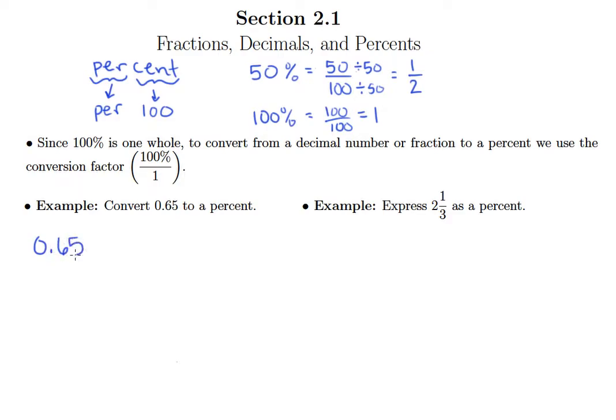So we're going to use a unit conversion factor here to convert 0.65 into a percent. The idea here is what we already saw up here, that 100% is the same as one whole. Well, if those are the same, then it should be okay for me to set up a unit conversion factor where we put 100% on top and 1 on bottom. Since they're the same, I'm just multiplying by 1.